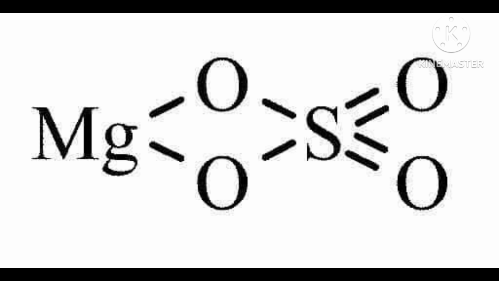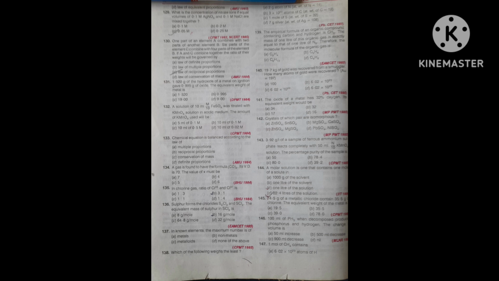The equivalent weight of the metal is: first option 19.5, second option 35.5, third option 39.0, fourth option 78.0.